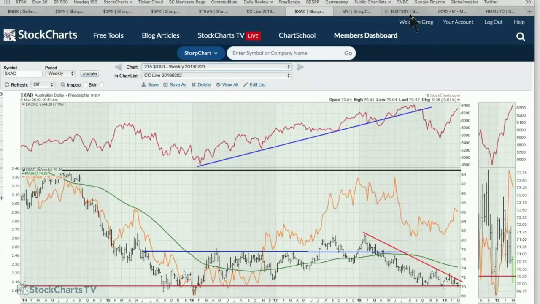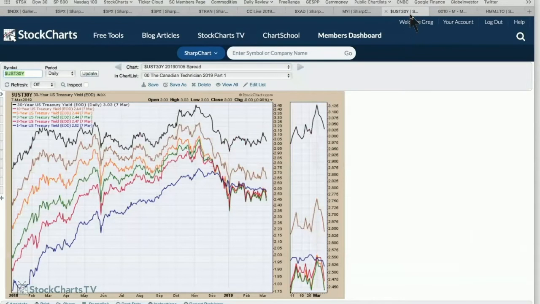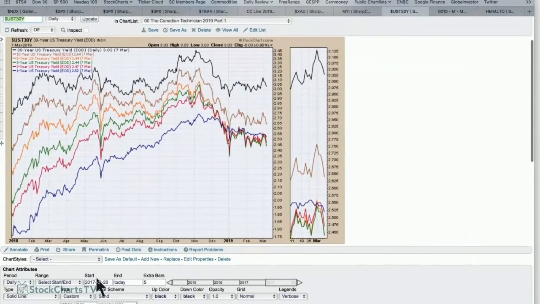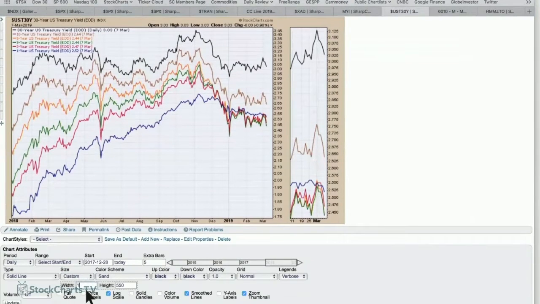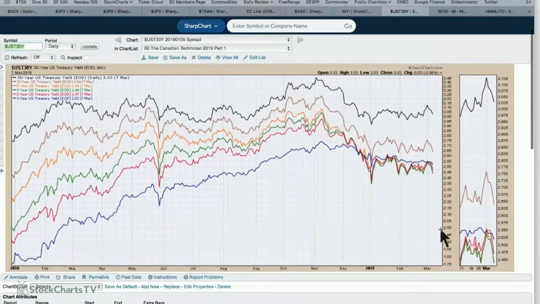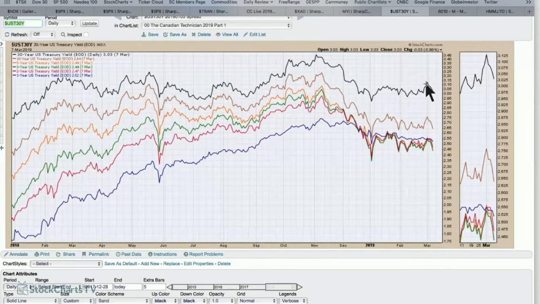Now, let's talk about the bond yields. The reason I want to do this now is we have this chart sitting here, and it was just last week Rick Santelli on CNBC mentioned that the 2-year, which is down here in red, the 2-year yield versus the 30-year yield, the spread was widening for the first time in a while, and that was a pretty important signal.